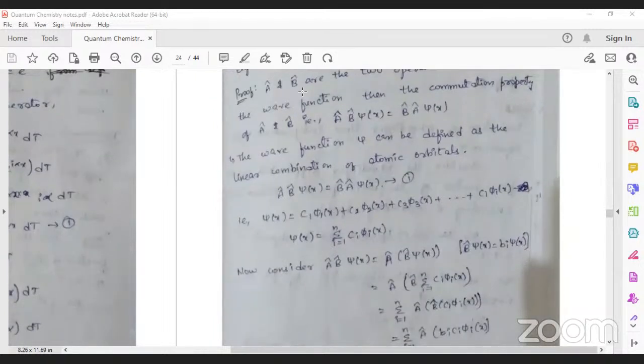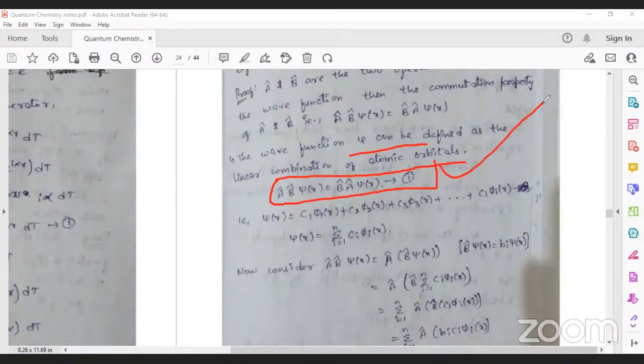So for that, what should we take? The wave function psi can be defined as a linear combination of atomic orbitals. So this is the commutation property: A into B into psi is equal to B into A into psi. That is the commutation property.